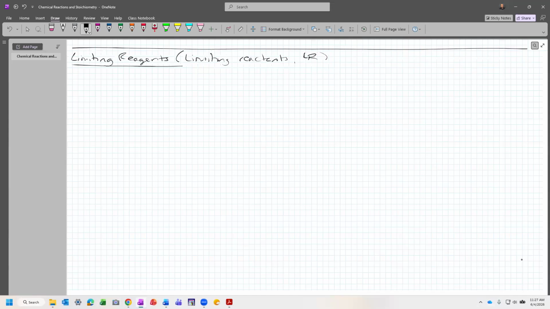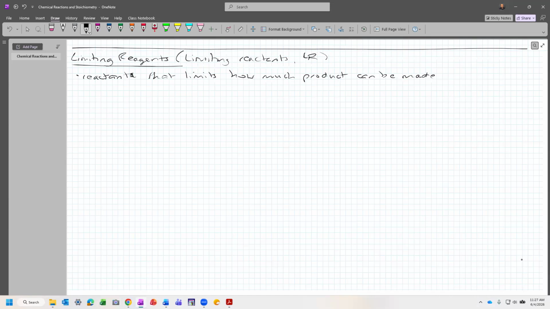Okay, what these are, reagents or reactants that limit how much product is made, or how much product can be made.